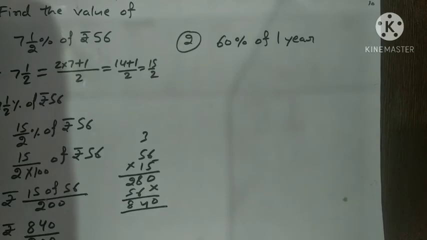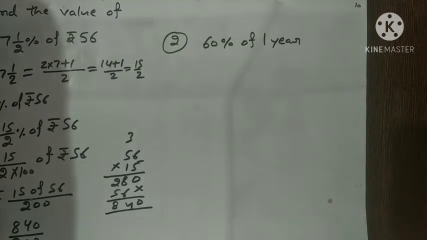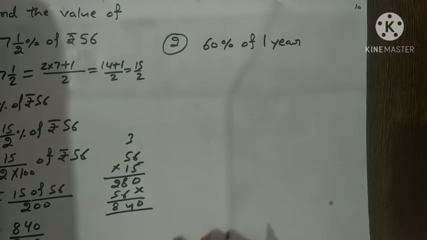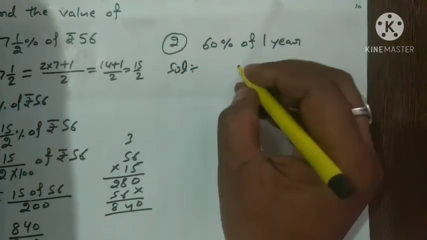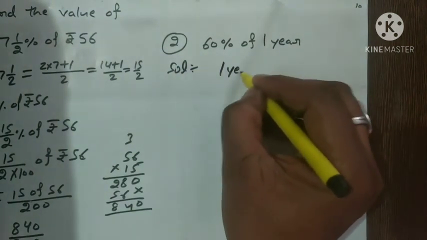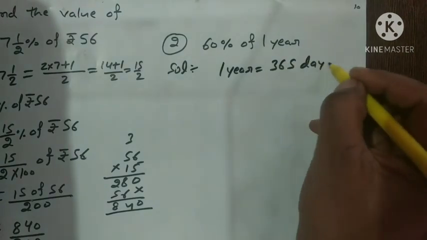So I will discuss both the cases here. First of all, I will take this year as a normal year. It means 1 year is equal to 365 days.